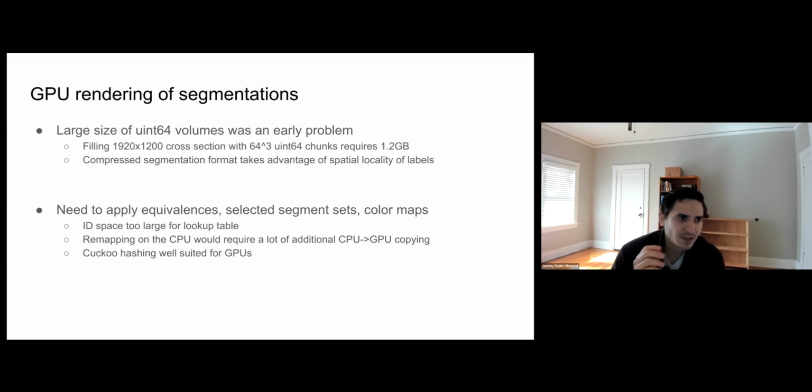Then we have a header at the beginning of the format that specifies the number of bits required for each of these smaller blocks, the offset for the encoded bits, and the offset of the lookup table that maps each of these smaller numbers to the actual value. Assuming we have a lot of spatial locality in the labels, this allows us to greatly reduce the number of bits required for every label, while still allowing us to compute the label at a given position with a relatively small number of operations.